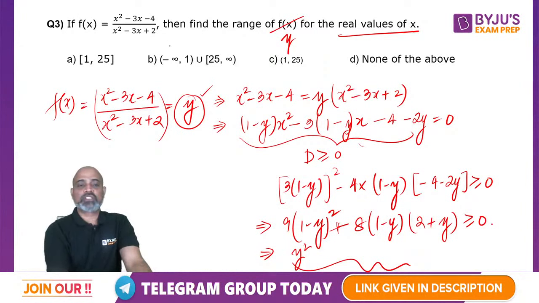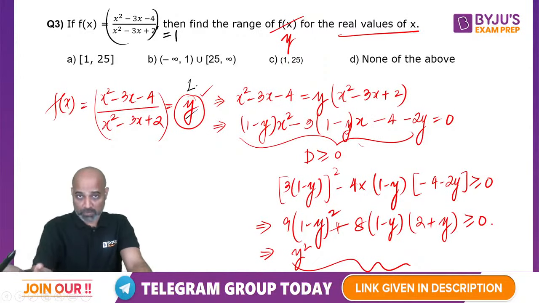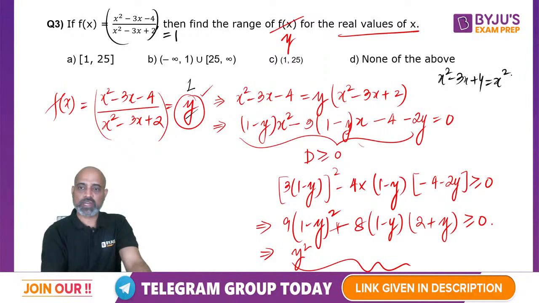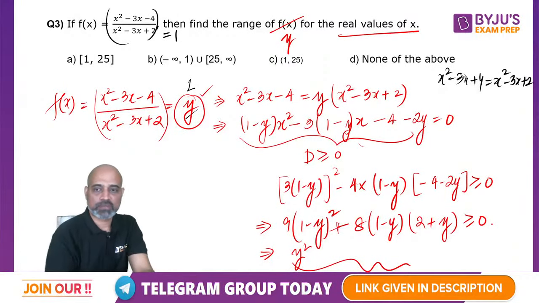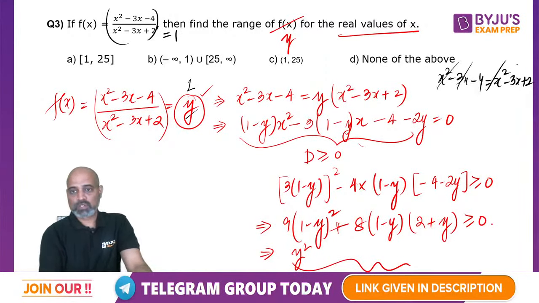If I put in the options, can this be equal to 1? Can its value be 1? In other words, I am saying, can y be 1? Suppose it is 1. Then if I cross multiply, won't I have x square minus 3x plus 4 equal to x square minus 3x plus 2, which gives minus 4 is equal to 2.